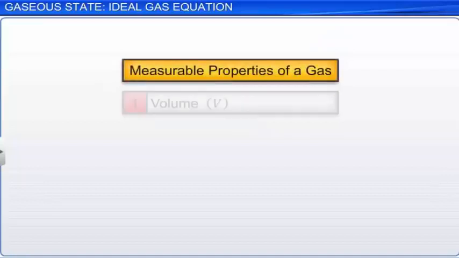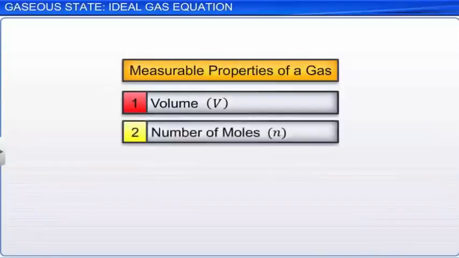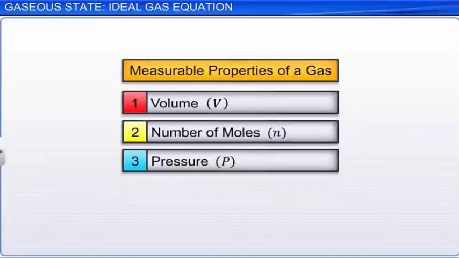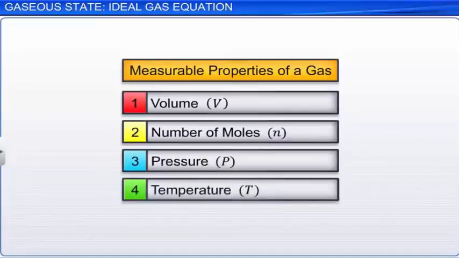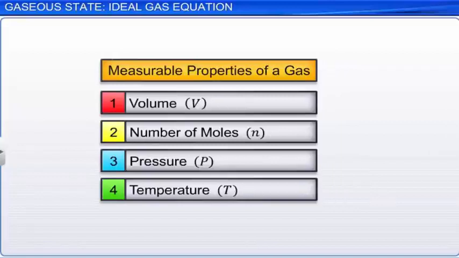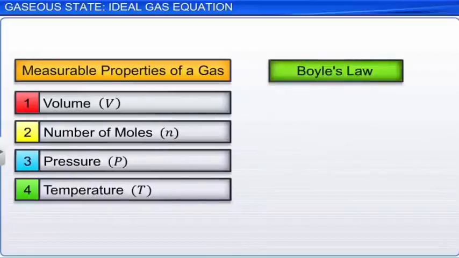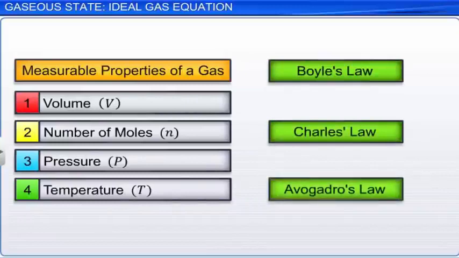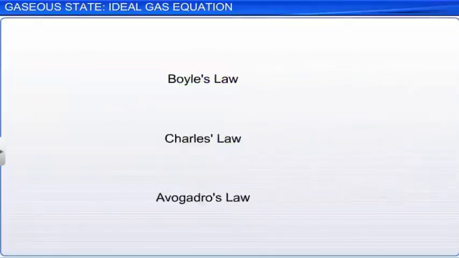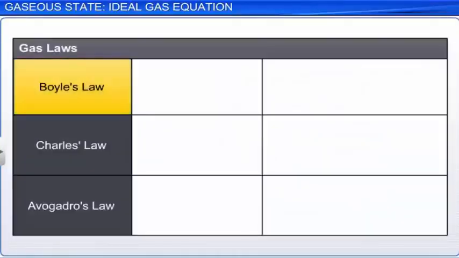We know that volume, the number of moles, pressure, and temperature are the 4 interrelated properties that describe the behavior of gases. The relationship between these properties is described by 3 laws. They are Boyle's law, Charles' law, and Avogadro's law. Boyle's law describes the relationship between pressure and volume.